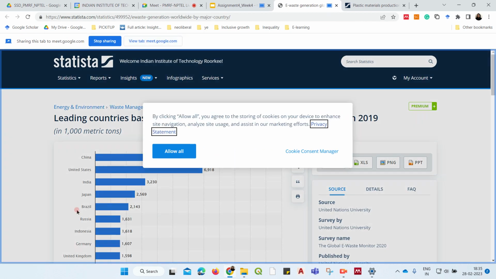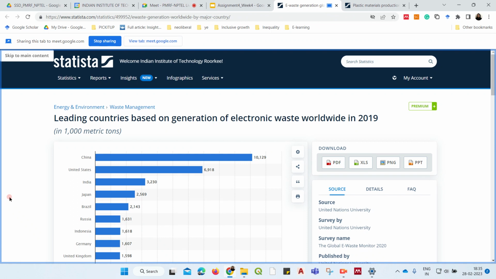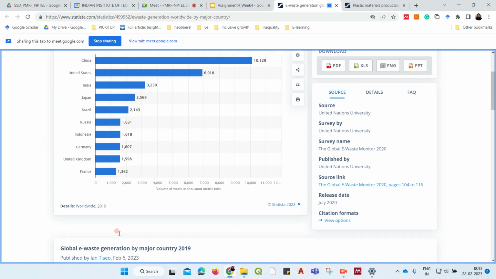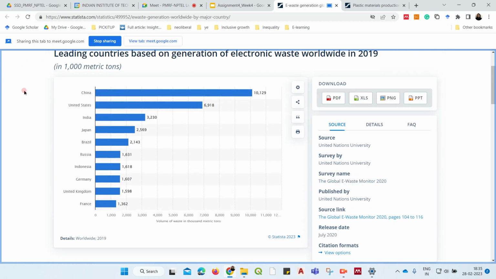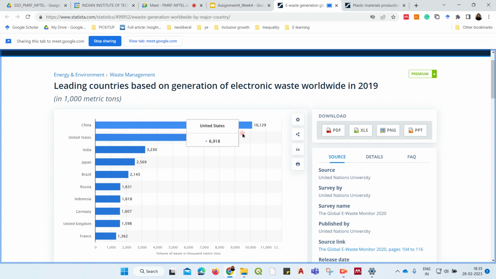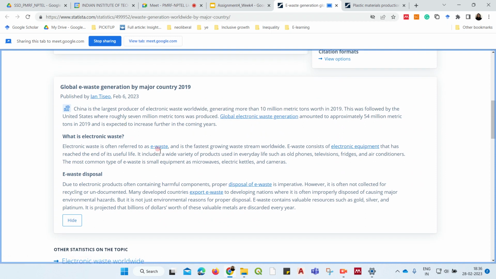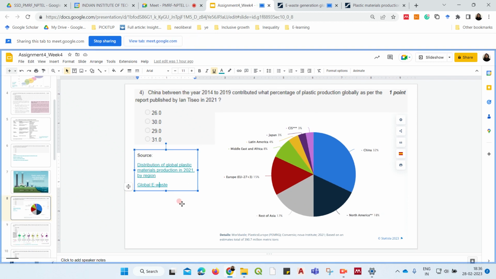This report communicates about different countries: up until 2019, in metric tons, how much waste has been generated by different countries, for example China, United States, India, and several others. There are even links if you want to study this report further in detail. But this question asks us about plastic.